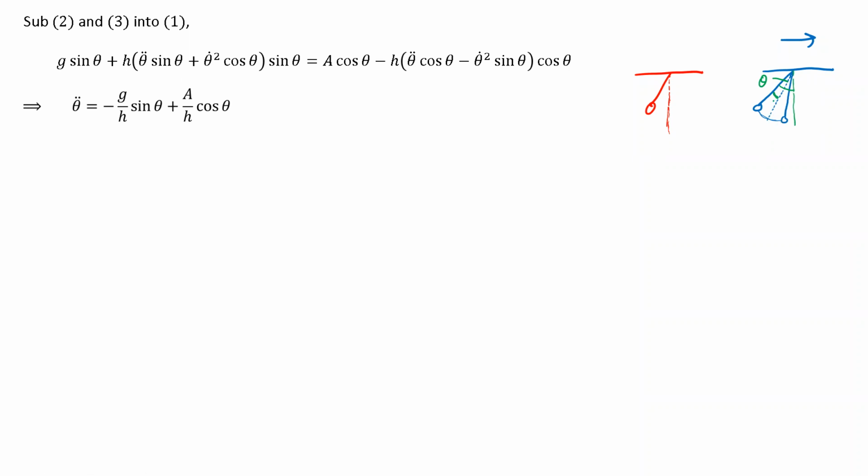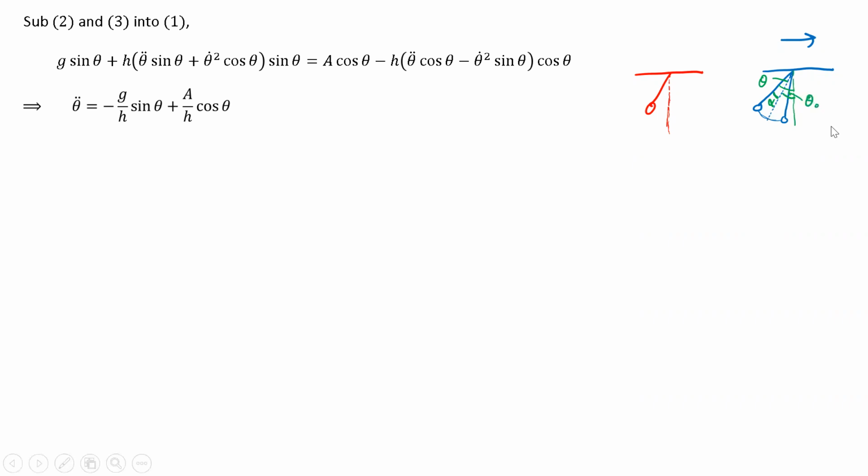I'm going to call this alpha. And also, the angle between this blue dash line and the vertical line, I will call theta naught.